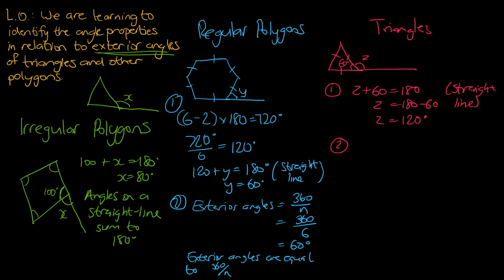The second method we can use, we could have used the exterior angle formula from before. So this is a regular polygon as well, so it means we can use that. And I'm just going to note it only applies to equilateral triangles because they are regular polygons, not other triangles.